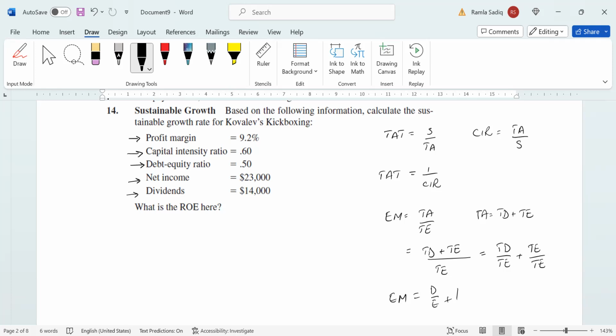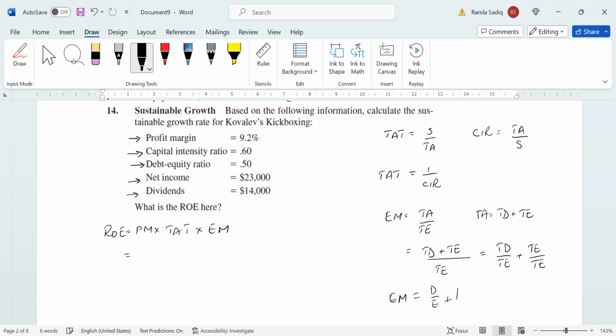Falling back on the previous knowledge of the DuPont analysis, ROE equals our profit margin multiplied by our total asset turnover multiplied by our equity multiplier. Keeping this background information in mind, we now have enough information to calculate.